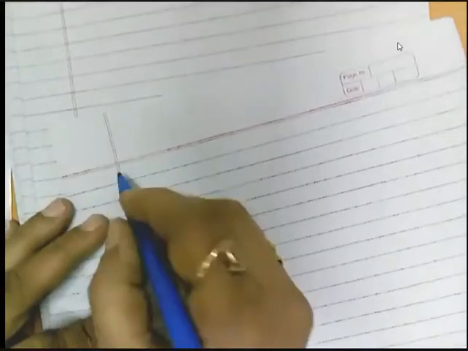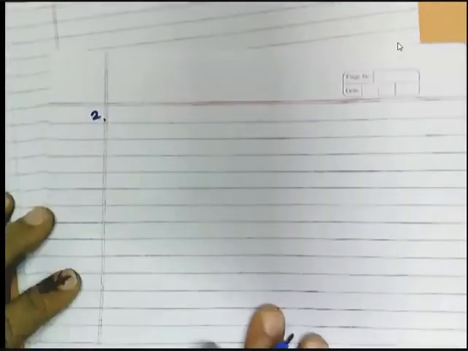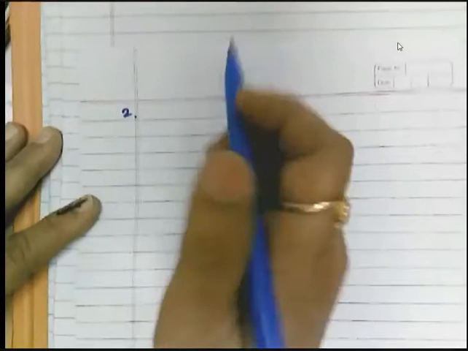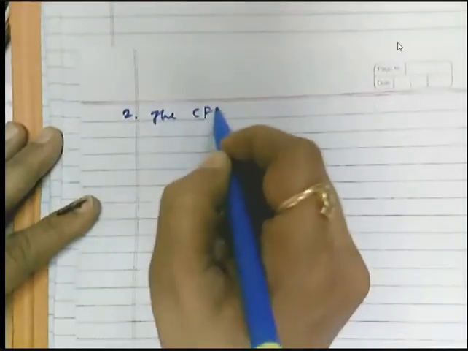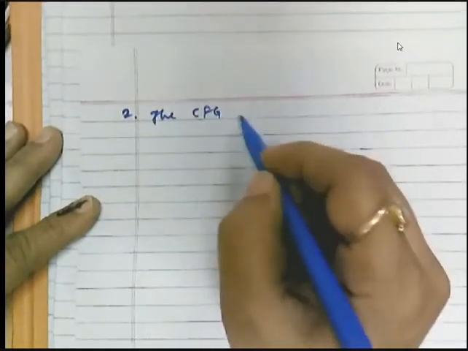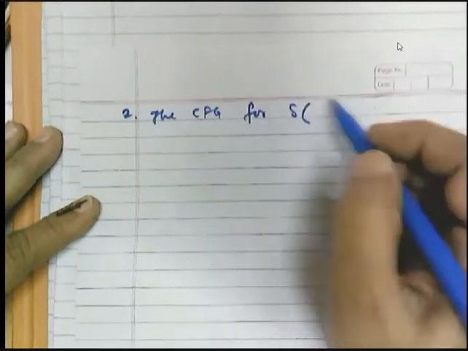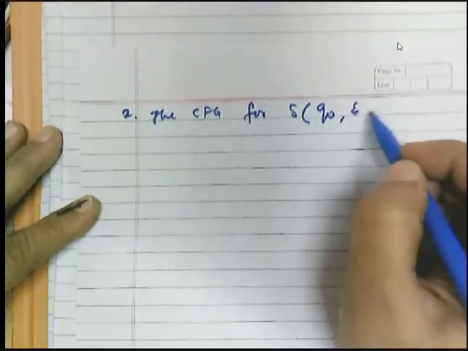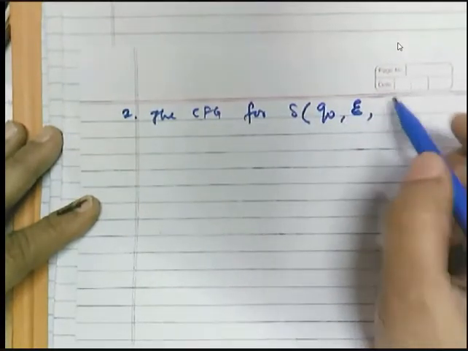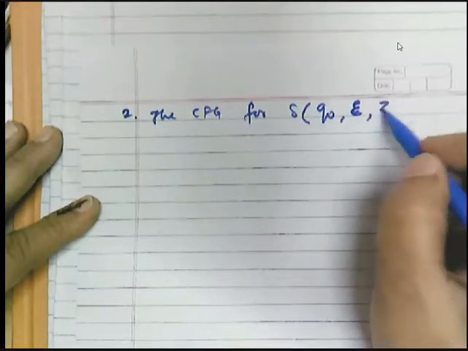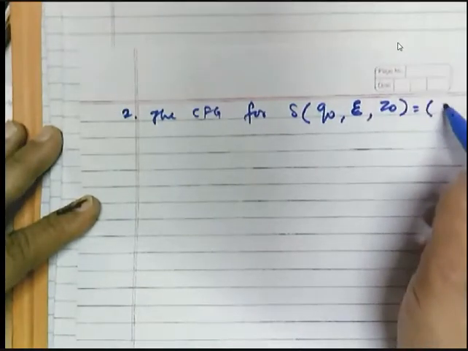This is the second rule. So in this we are having the CFG for delta Q0 empty Z0 is equal to Q0 empty.